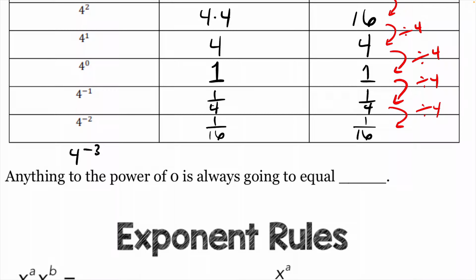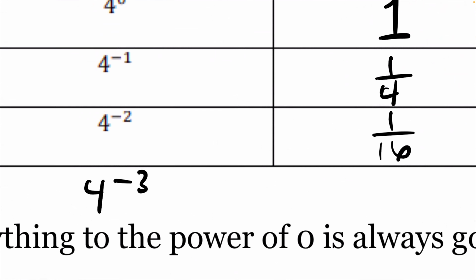What's the shortcut way? Well, let me show you. 4 to the negative 1, right? I have a 4 up here, but what happened to it? It went to the bottom, right? It went to the bottom. So the quick way of saying it, if I have a negative exponent, move it to the bottom and make it positive. And if there's nothing on the top of a fraction, it's always 1.